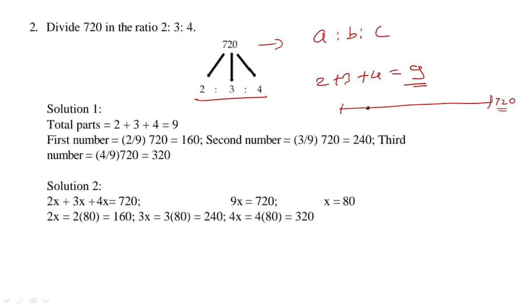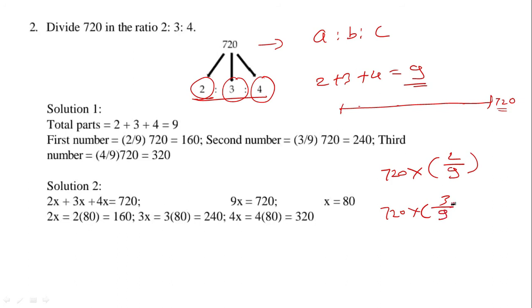So if there are 9 parts, I divide this line into 9 parts, and then I ask you what are the 2 parts of this line, what are the 3 parts of this line, and what are the 4 parts of this line. So what we have to do is multiply 720 by 2 parts of the total 9 parts, 720 by 3 parts of the total 9 parts, and 720 by 4 parts of the total 9 parts.